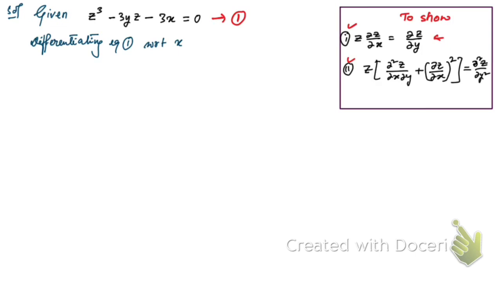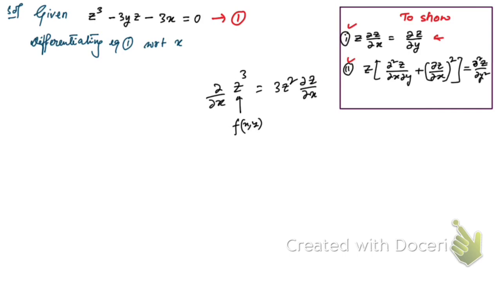If you differentiate with respect to x, now you see z cube, z is a function of both x and y. When you differentiate z cube with respect to x, it's going to be 3z square, but it is a function of both x and y. It is not only a function of x, that's why we have to multiply by del z by del x.